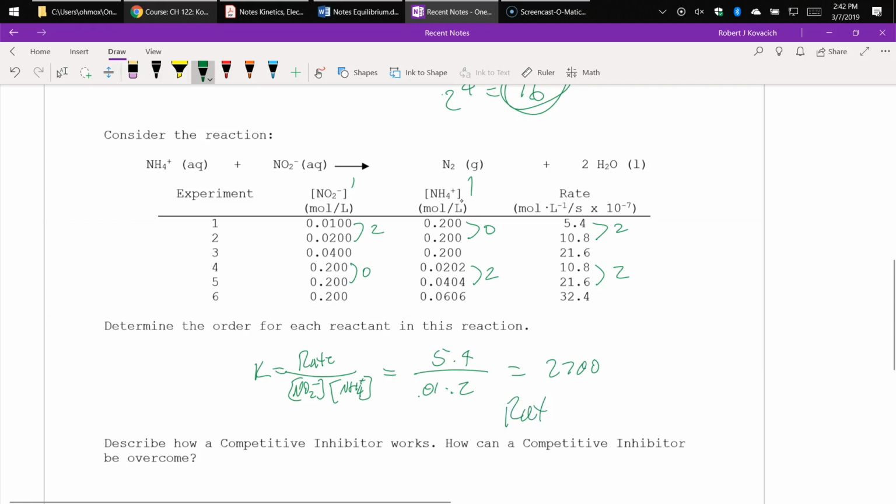So rate is equal to 2700 NO2 negative to the first, and ammonium to the first.